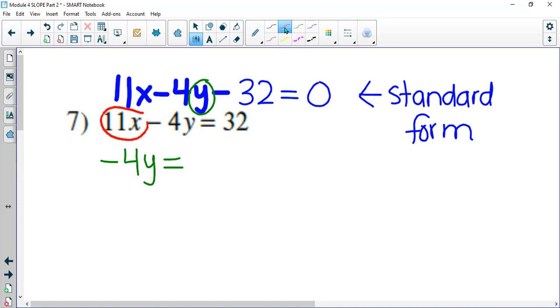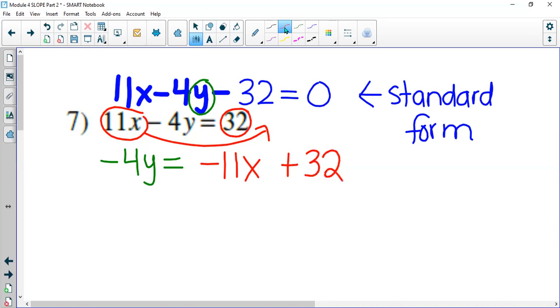When the 11x moves over to the other side, what happens to the sign in front of the 11x? It turns into a negative 11x. Perfect. Negative 4y stays on the left-hand side. The positive 32 is already on the right-hand side, so I don't have to move it. That is why the 32 remains positive.